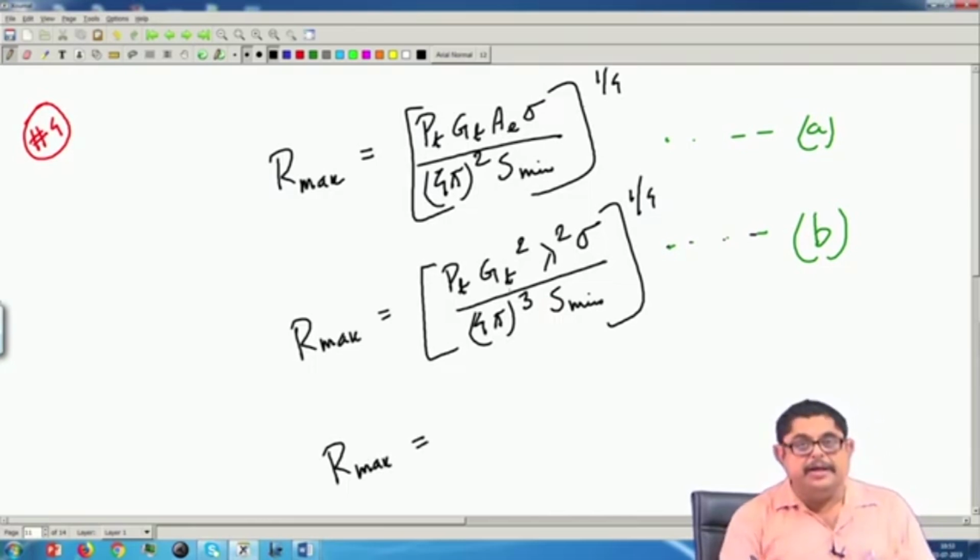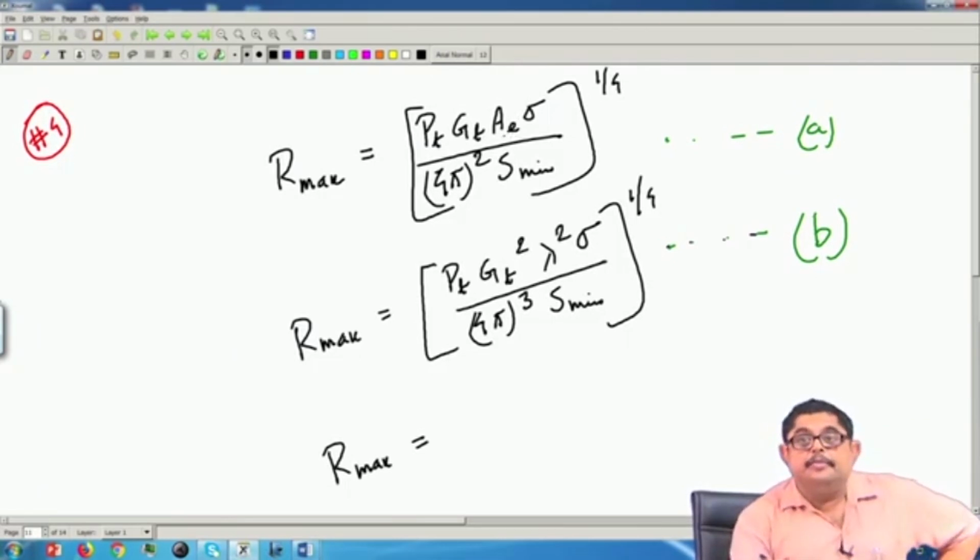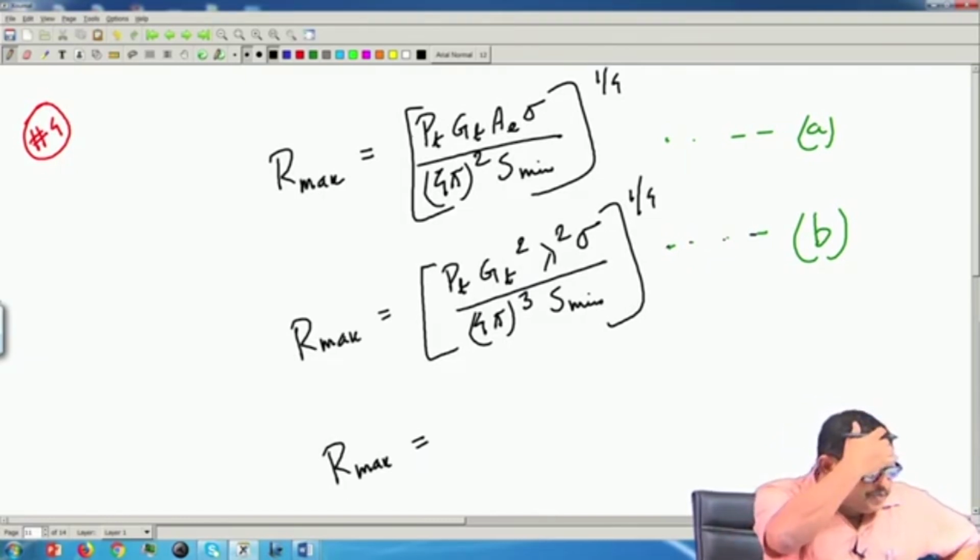On the other hand, if I eliminate GT, that means put this GT in terms of AE, you see from this equation both GT and AE are present. Sometimes we convert, if GT is known, we can convert AE to GT or GT to AE, we know that conversion.